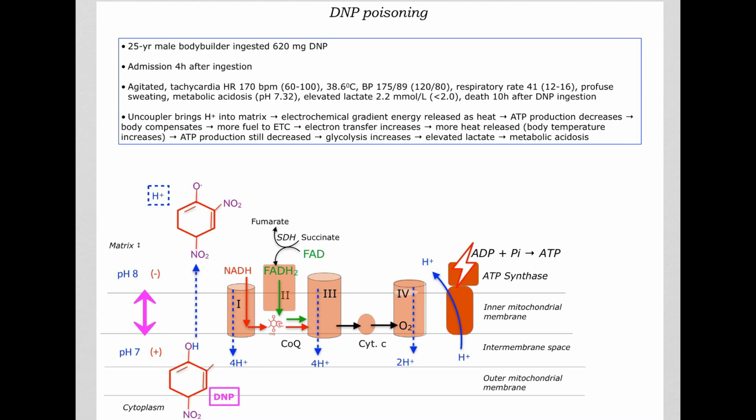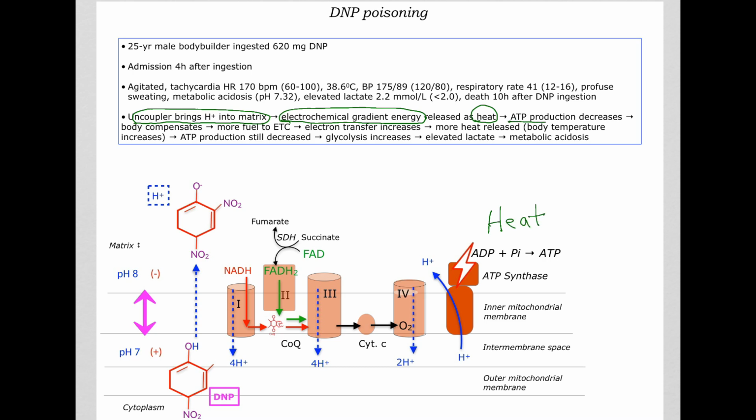So what happened? Well, the uncoupler, the DNP, as mentioned earlier, brings protons into the matrix and uncouples ATP synthase from electron transfer. So the electrochemical gradient energy, instead of being used for making ATP, is released as heat. So basically a lot of heat will be generated.